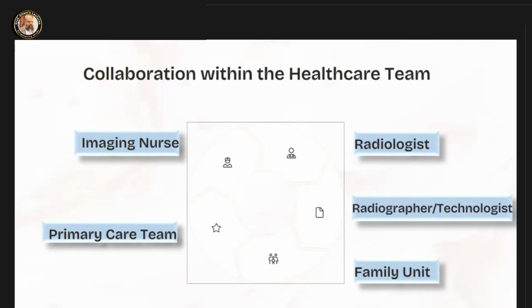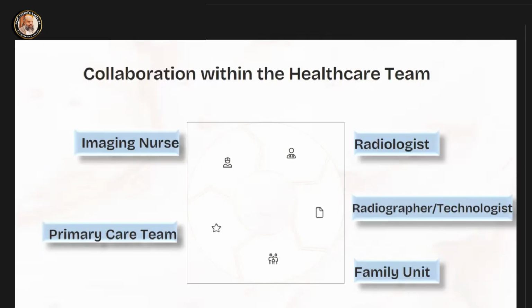The imaging nurse serves as the primary liaison between family, patient, and imaging team, coordinating care and providing continuity across multiple visits. The radiologists interpret images and generate reports. Nurses translate these findings into practical information for the families. The radiographers, sonographers, or technologists operate imaging equipment.